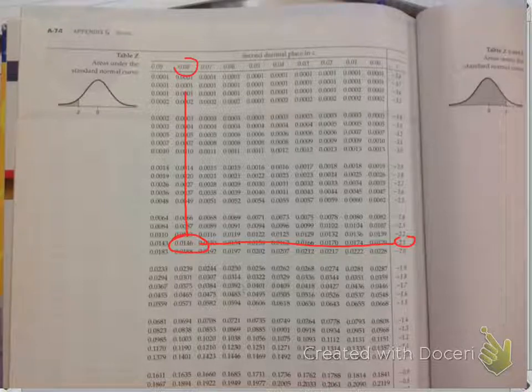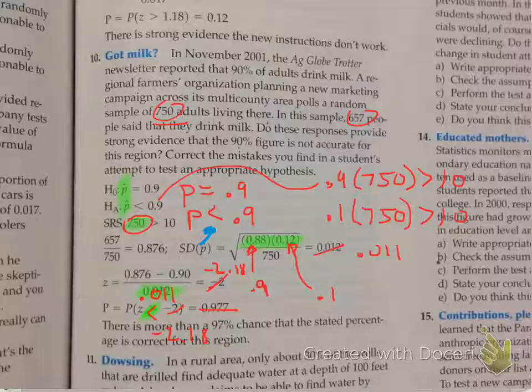And that's the probability of obtaining a z-score less than negative 2.18, which is what we're looking for in our conclusion. So our p-value is going to be 0.0146. Right, so there's that mistake fixed.